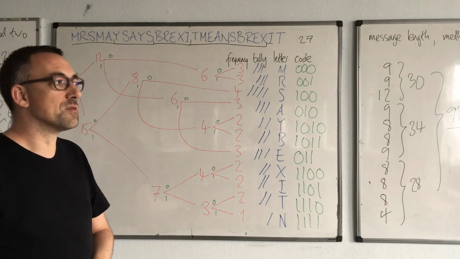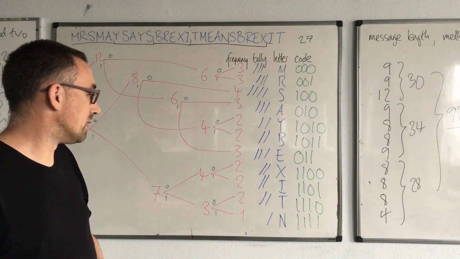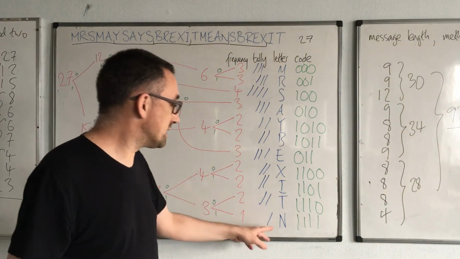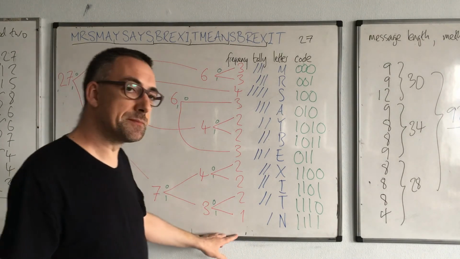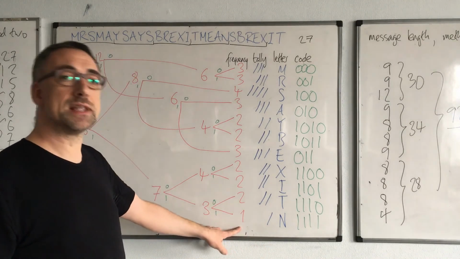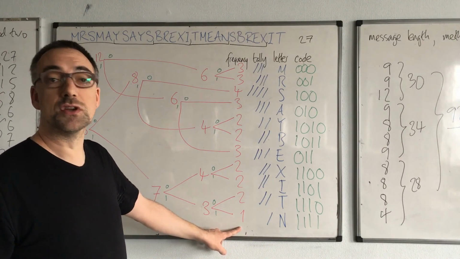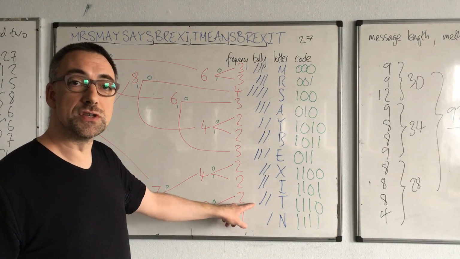Well, let's ask whether Professor Garble has a point. It's certainly true what he says, but is it a problem? Well, remember, back when we started, n was the only symbol that occurred once, so we were forced to pair it with a symbol used twice.